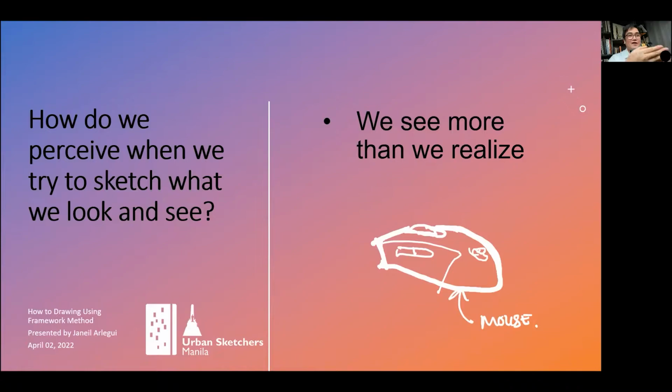When we look around, we don't normally notice every detail, only certain fragments of what we're looking at. And then if we sketch, we put everything together. That's what he meant. We piece the fragmented elements into a drawing as we move our eyes to what we notice. So therefore, his statement is, we see more than we realize.